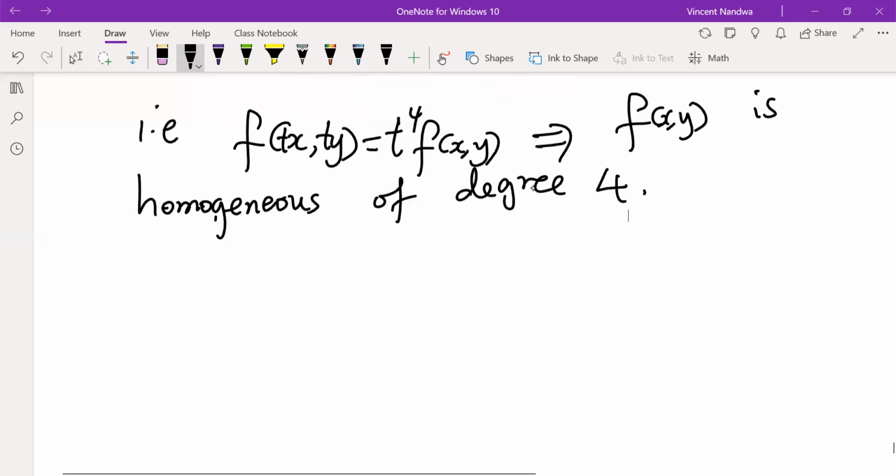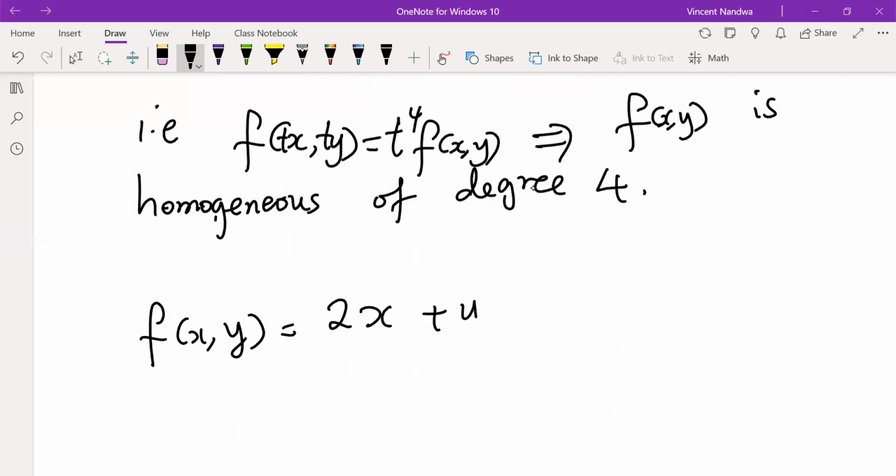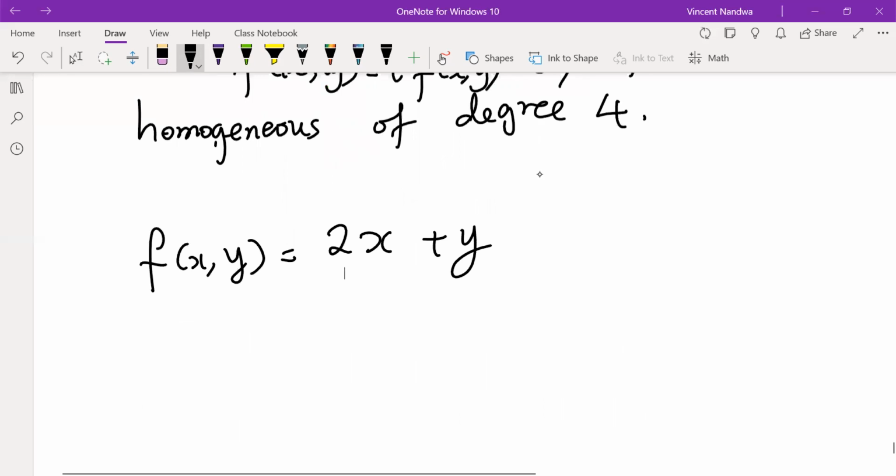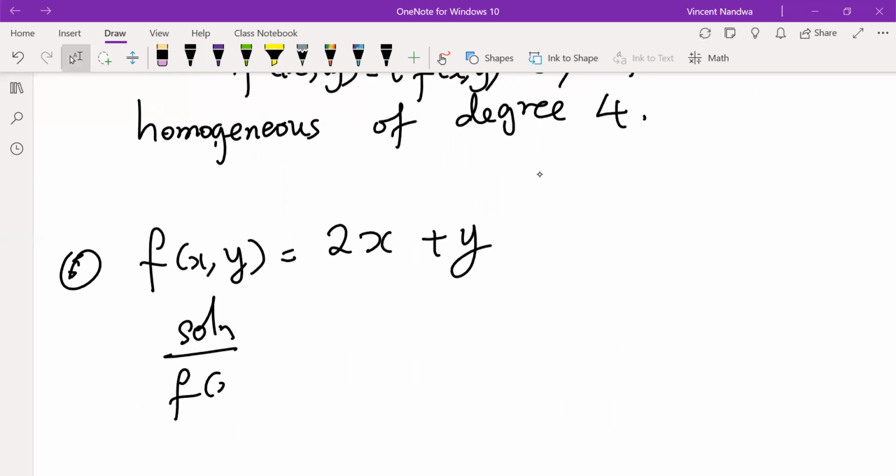Another one, f of xy given by 2x plus y. So here, by definition, f of xy is 2x plus y.